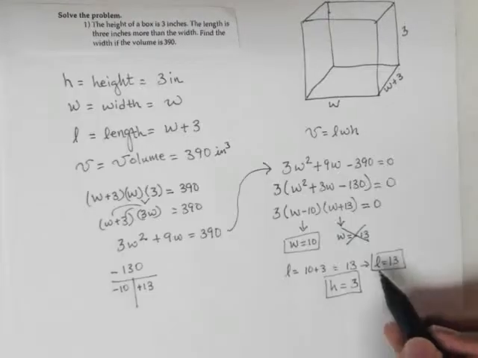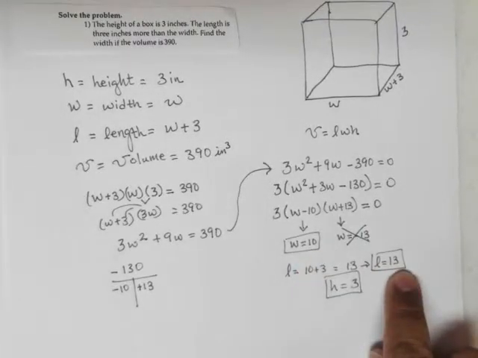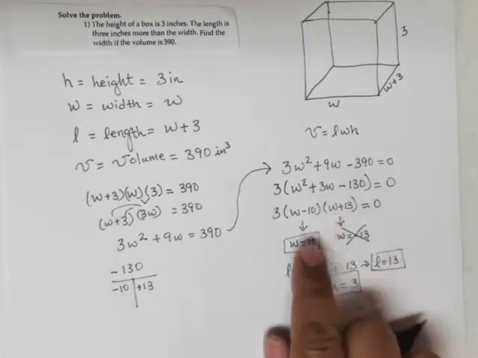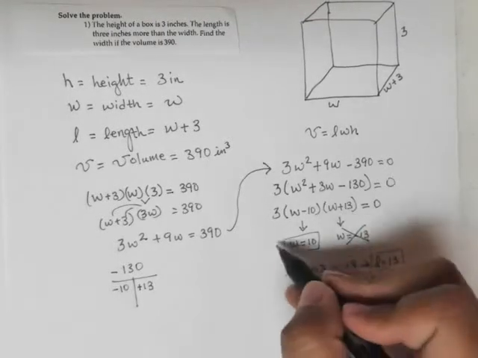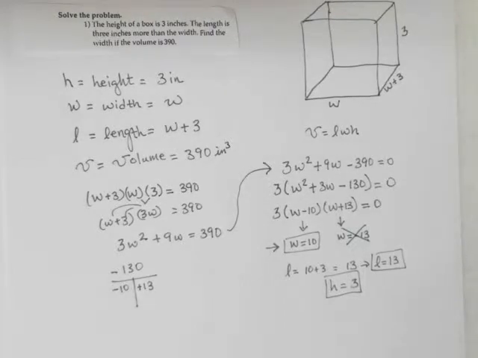So these are the dimensions of this box: a width of 10, a length of 13, and a height of 3. The question said find the width, so here is the answer we were looking for. The width is 10 inches.